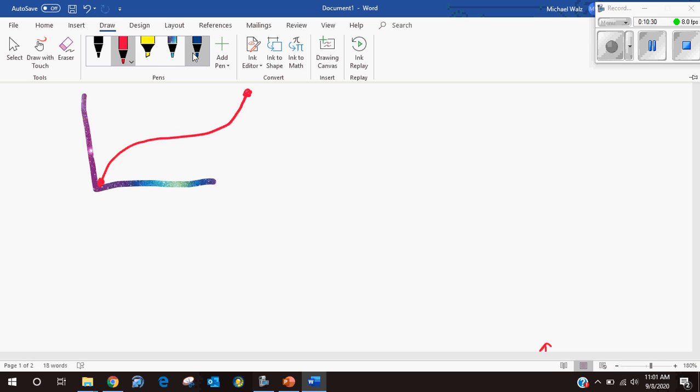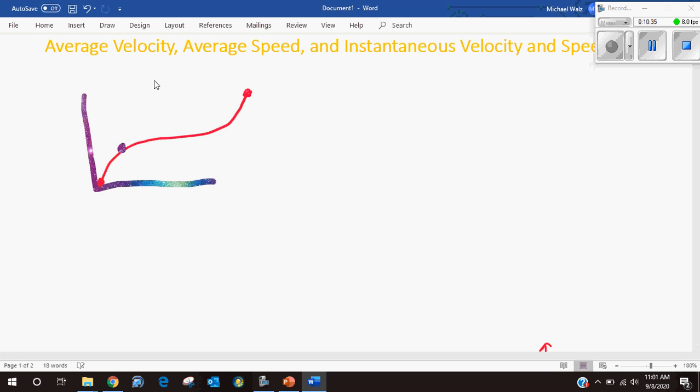What if you want to know what the velocity is at this point right here? Or what if you want to know what it is at this point right here? So that would be what we call an instantaneous velocity because it's happening at these instants in time.